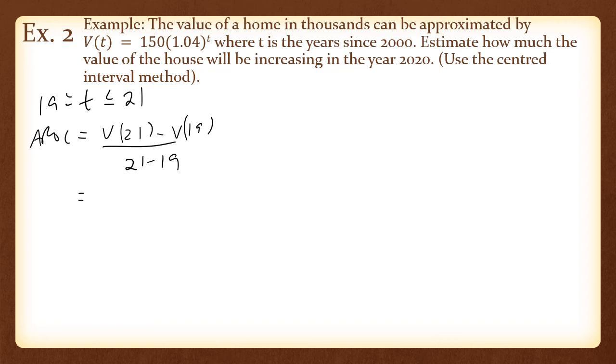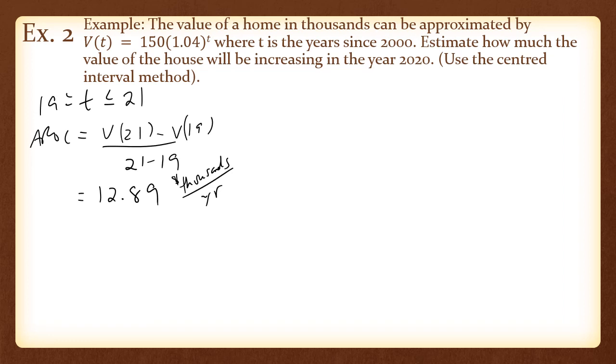And we're going to go to 2 decimal places, let's say. So we should get 12.89. Now this has units attached to it, and since it says it's in thousands, this is actually 12.89 thousands per year.